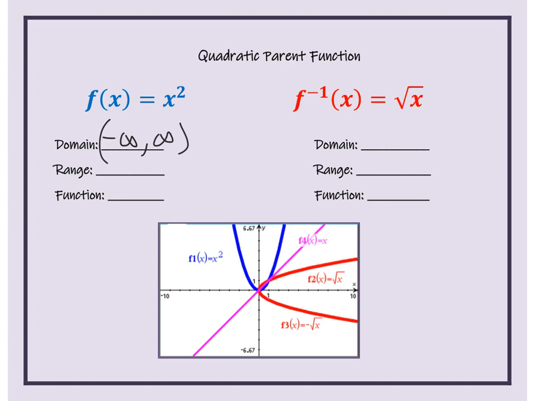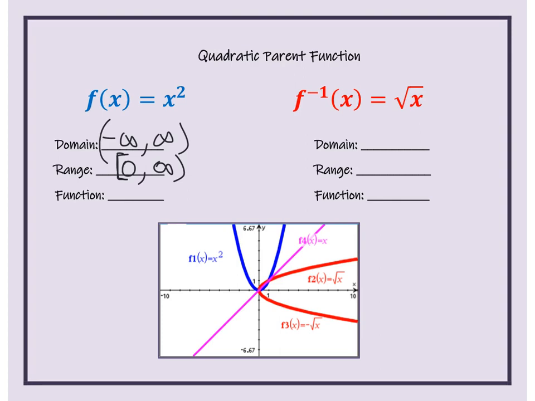Well, my lowest y value is 0. And how high is it going to go? Well, it's going to go up forever. So for my range, now let's talk about parentheses or brackets. Do I have a point at 0? If I plug in a 0 to my equation, do I get another answer? I do. So my numbers are going to have brackets, and my infinity is going to have parentheses.